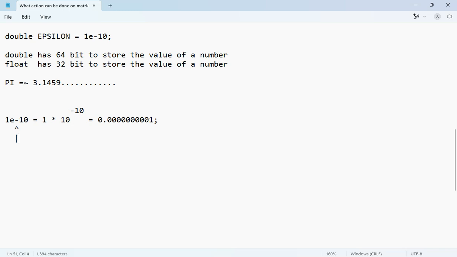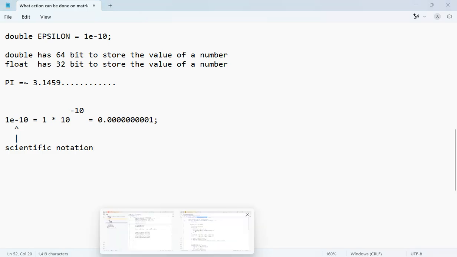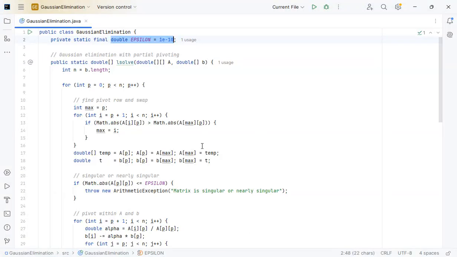This is scientific notation of a number. I hope it's clear. So let us return back to the software, and now we understand that.